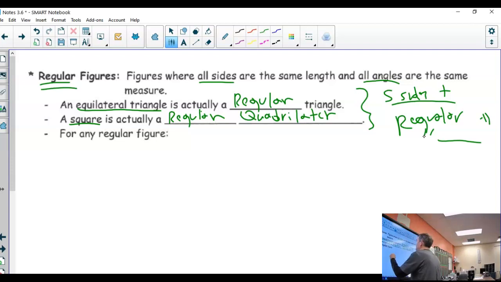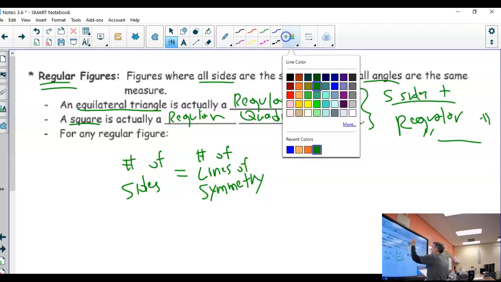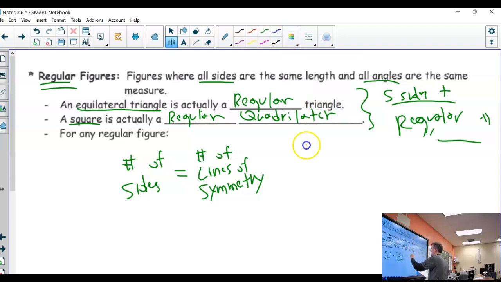And for any regular figure, I think this is worth knowing, the number of sides will equal the number of lines of symmetry. It's true. For instance, in the triangle that I drew above, and this works for any odd number of sides, there are 3 lines of symmetry.